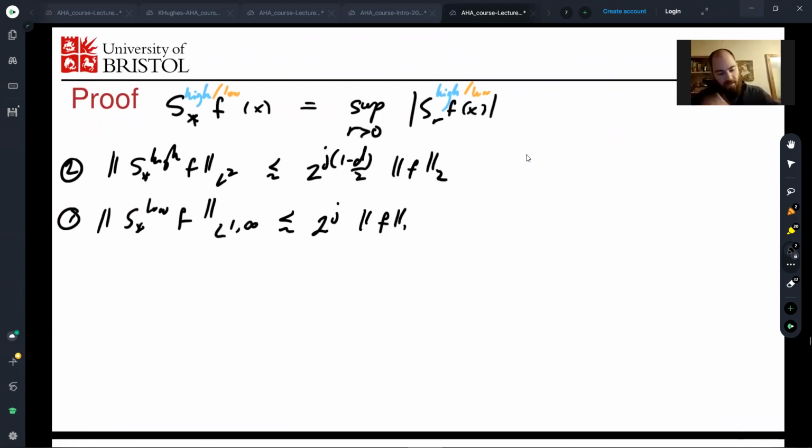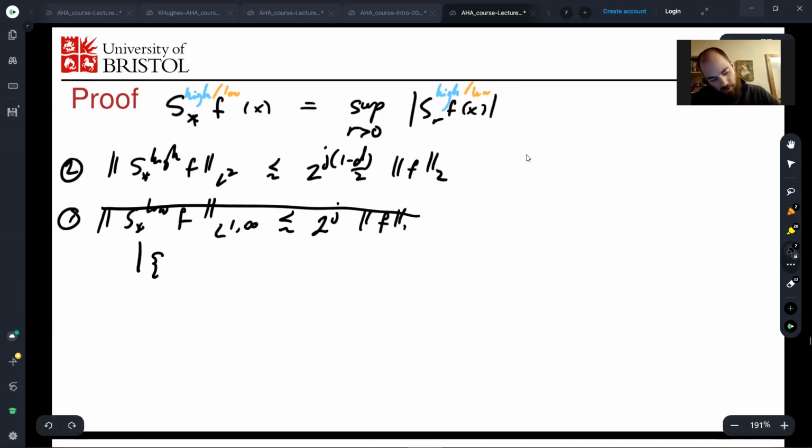So what I should really say here is that the measure of S low maximal function greater than alpha is at most some constant I don't care too much about, alpha inverse 2 to the J, f in L1.